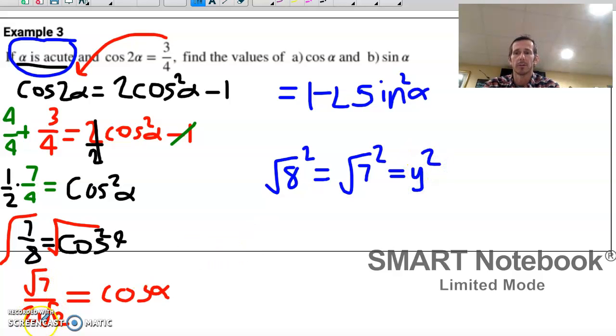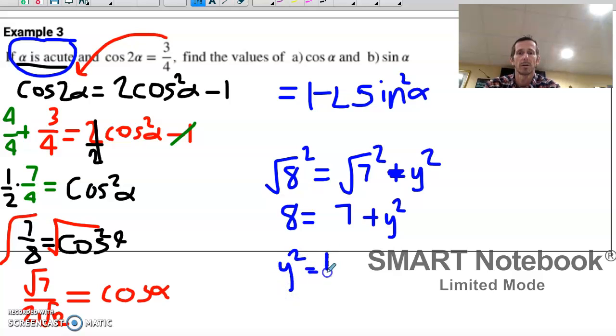So that's x over your r. And so I would have 8 equals 7. And this is supposed to be a plus in here. And plus y squared. And so if I subtract 7, I would have y squared equals 1. And again, y would be plus or minus 1.